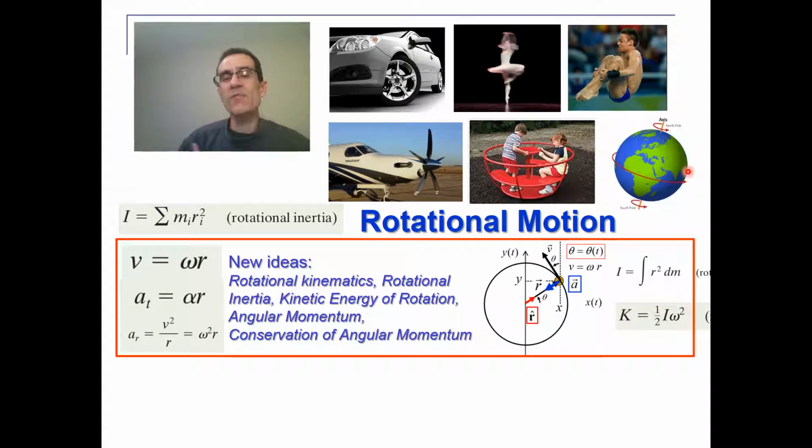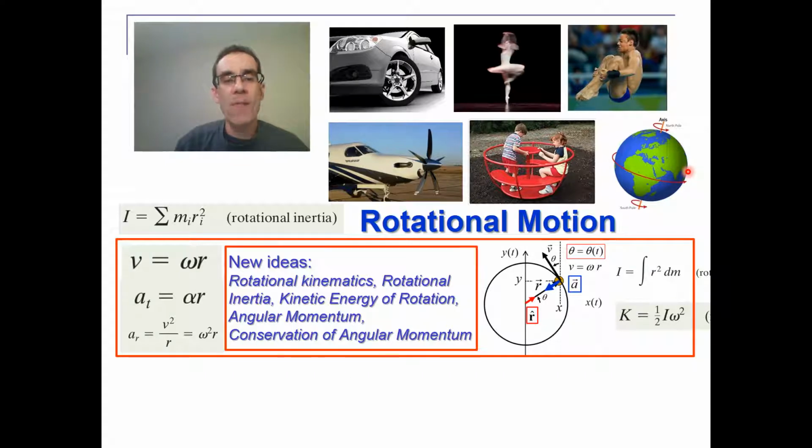Let me tell you some of the new ideas that are going to be coming up in our study today. Truly new ideas that we haven't learned yet. Look, just like we did the kinematics of motion in one dimension and kinematics of motion in 3 dimensions as far as translation goes, now we have to talk about rotation. How do we study rotation?